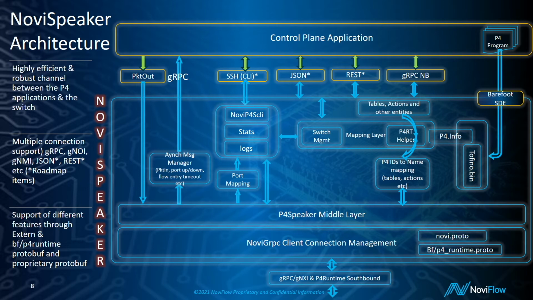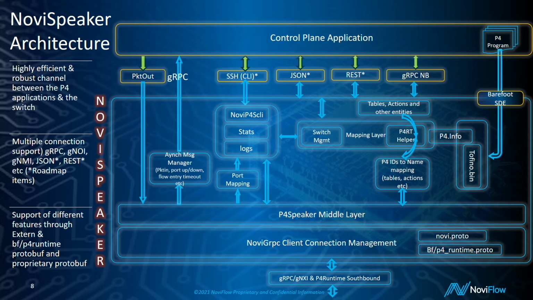We also have a feature called port mapping that translates those P4 port entities from 64-bit hardware IDs to the front panel port numbers, because it's really handy to see the front panel port numbers in the logs, and even while writing the application, if you mention the front panel port numbers instead of those hardware IDs, then it's really easy to write the application programs.